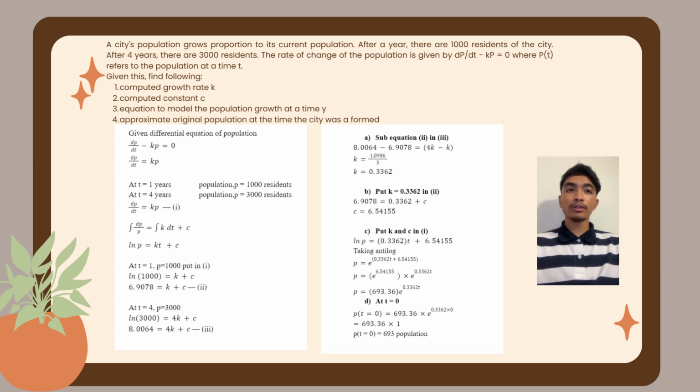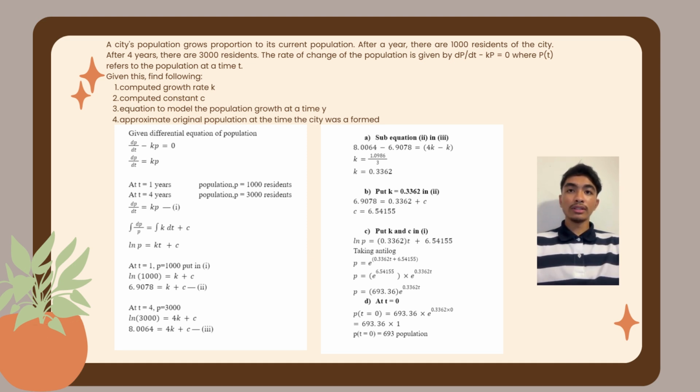The rate of change of the population is given by dP/dt minus kP equal to 0, where P(t) refers to the population at time t. Given this, find the following: compute the growth rate k, compute the constant equation to model the population growth at time t, and approximate the original population at the time the city was formed.